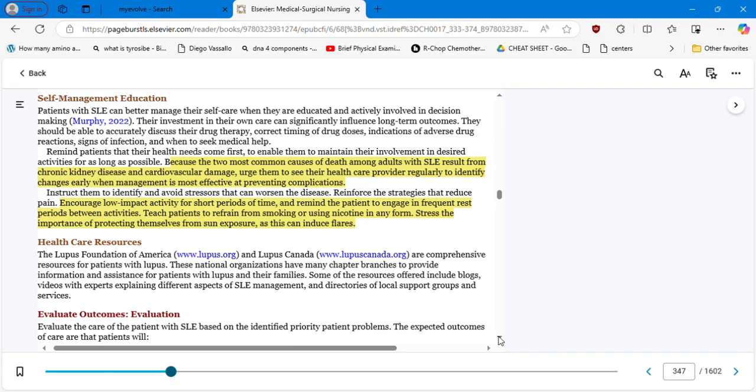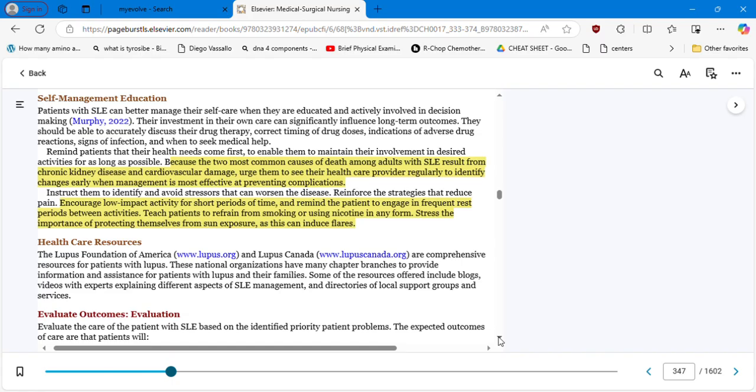It is treatable. It's important to see the PCP regularly to identify changes early, when management is most effective at preventing complications. So the key here is early diagnosis, early management, right?